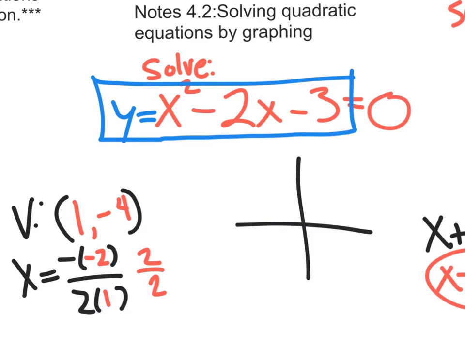Oh, +1, -4, thank you. So +1, -4, it's going to be down here. And this a value is 1. So I could use the pattern 1 over 1 up, and then 2 over 4 up. Okay? So I would put a dot right here and right here.